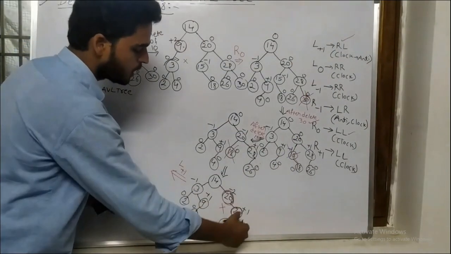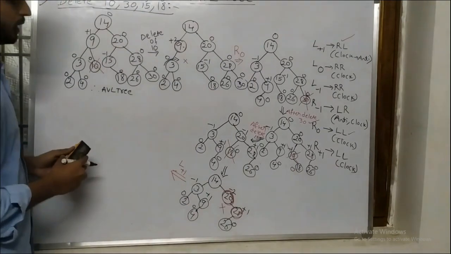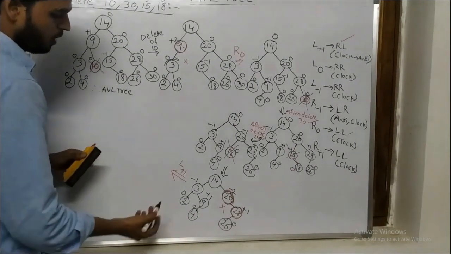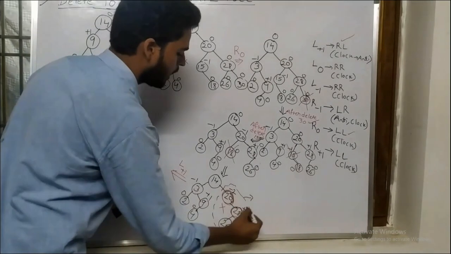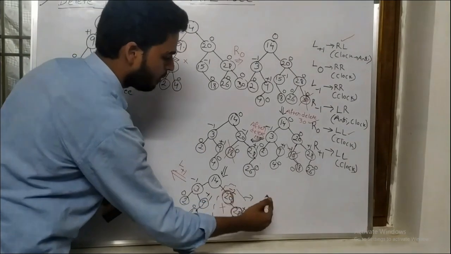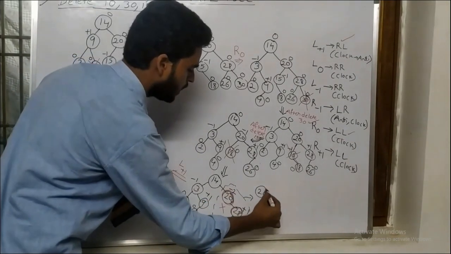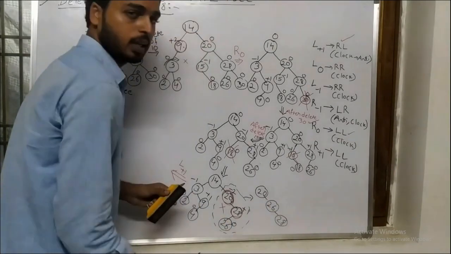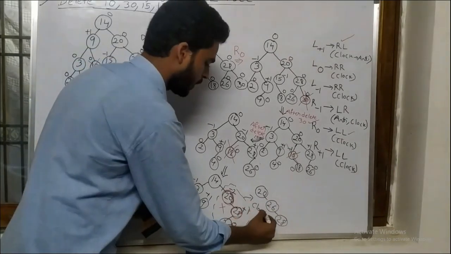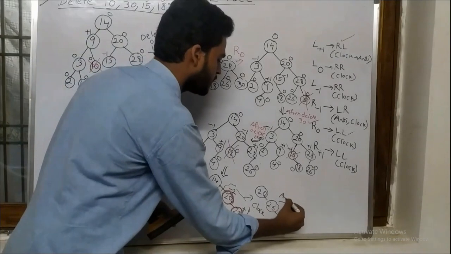If I make RL notation over this, I will get a tree structure like this. I am just writing it aside. If I make RL notation, first we are going to make clockwise. If I make clockwise, 20, 26, then 28. First I did clockwise. Then I am going to perform anti-clockwise once again.